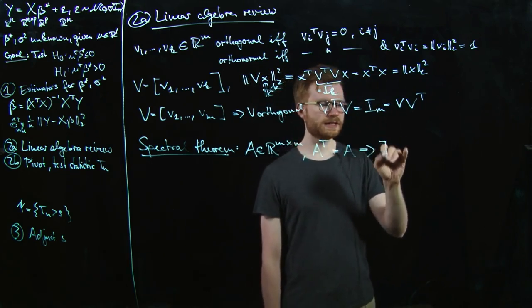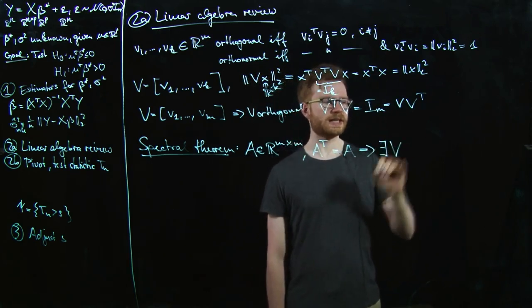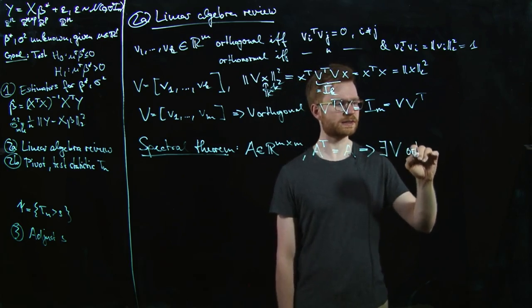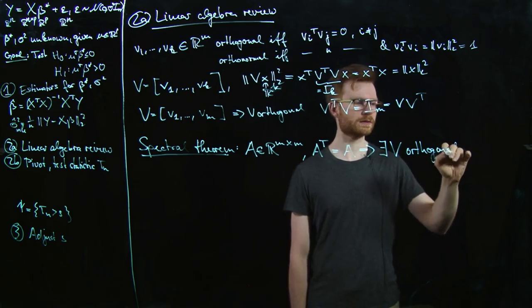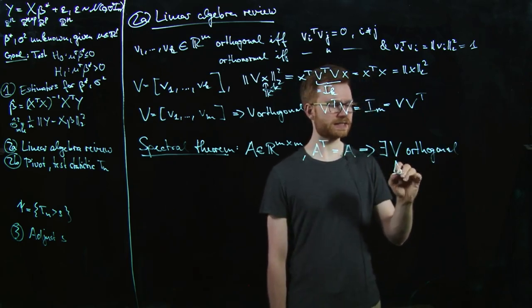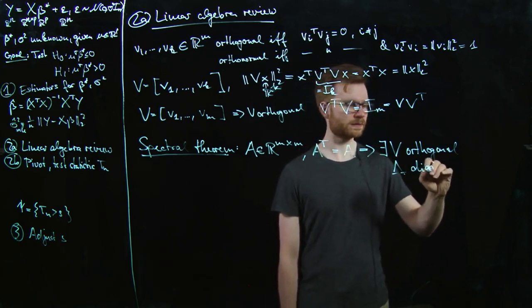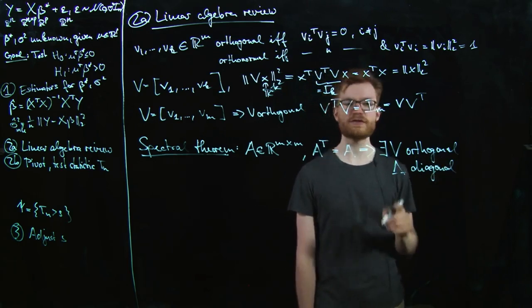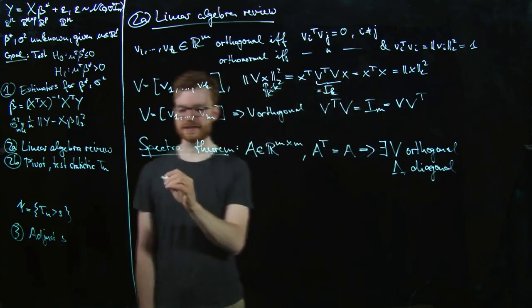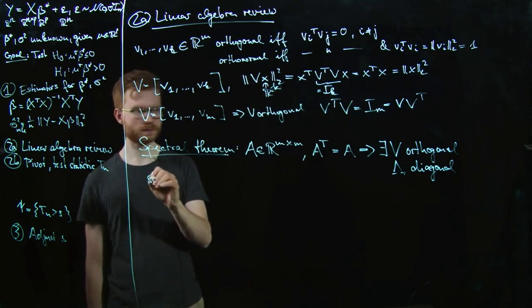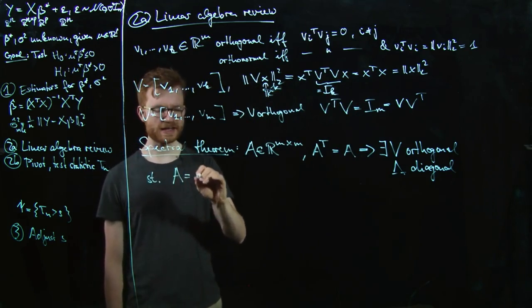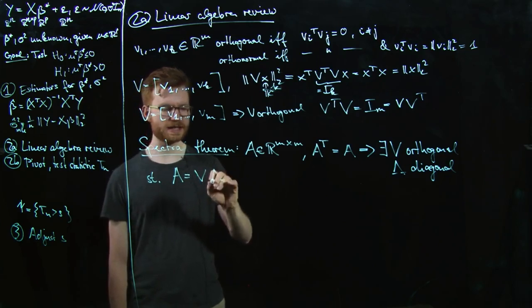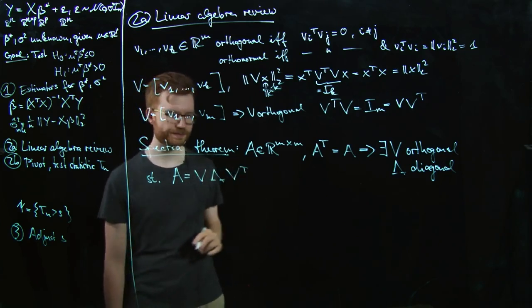then there exists an orthogonal matrix V and a diagonal matrix lambda. Diagonal means I only have entries on the diagonal, such that A can be written as V times lambda times V transpose.